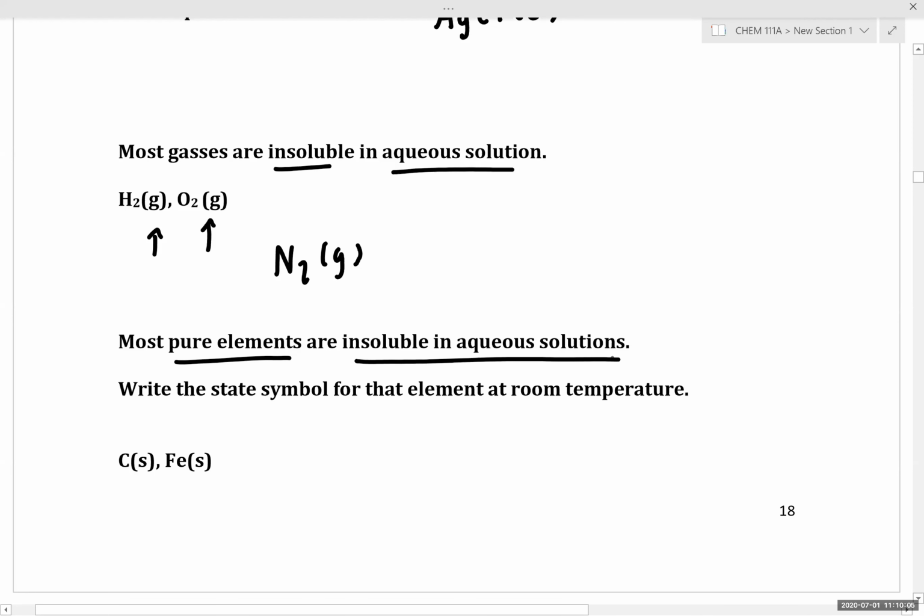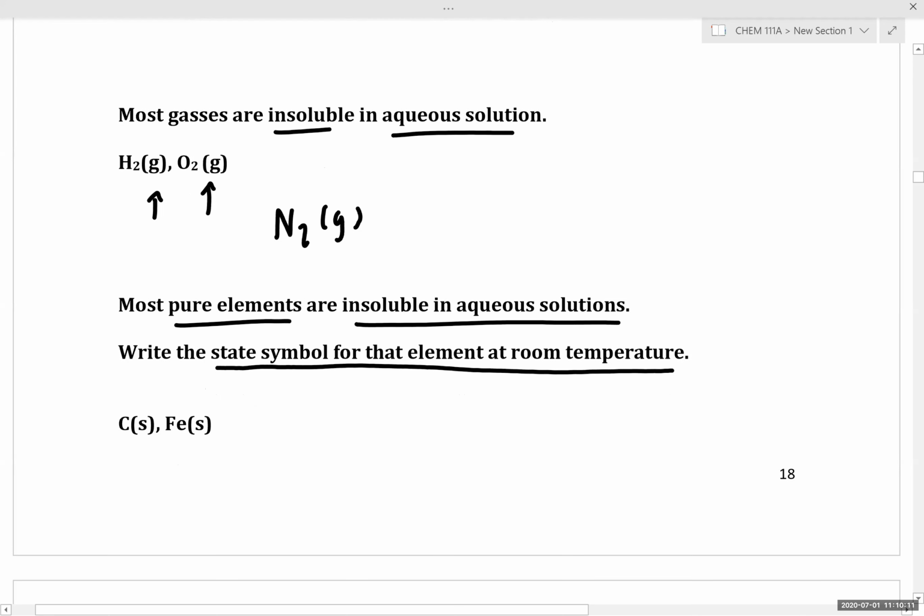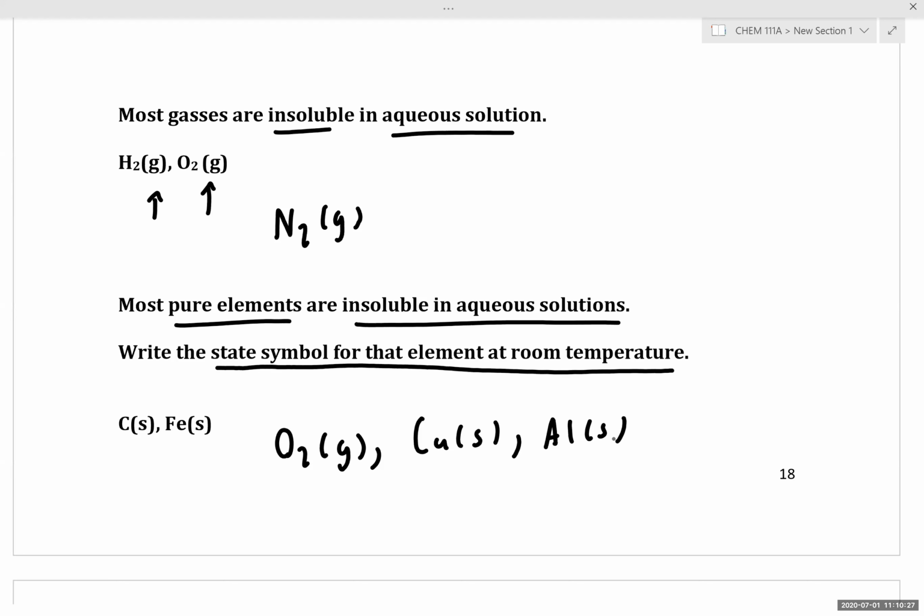So if you're dealing with a pure element, you simply write the state symbol for that element at room temperature. So for example, we could do oxygen gas, copper solid, aluminum solid. Anytime you're dealing with a pure element, just write the formula and the state symbol for that pure element at room temperature.